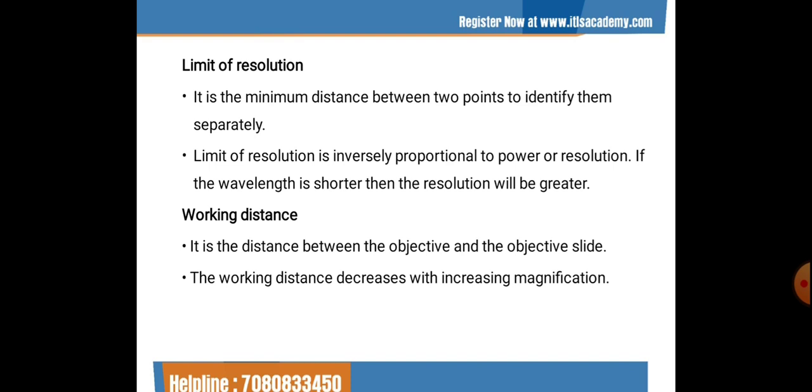Microscope, as we know, all are familiar with the microscope since 11th, 12th classes. It is an instrument that is used to observe the smallest organism, or we can say the stem cell in basic class.